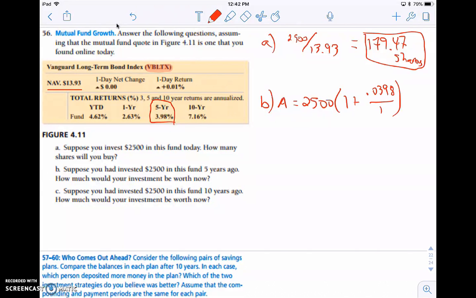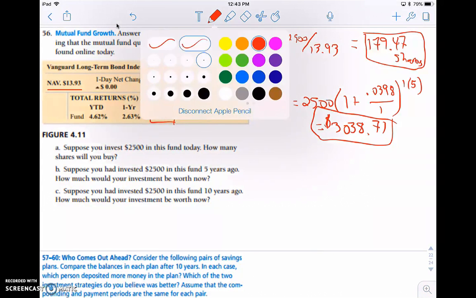So these are always going to be over 1, and then to the 1 times the number of years, and this is over a 5-year period of time. So in 5 years, if I multiply all of that out, I get $3,038.71, and that's what your investment will be worth 5 years later based off of historical data.